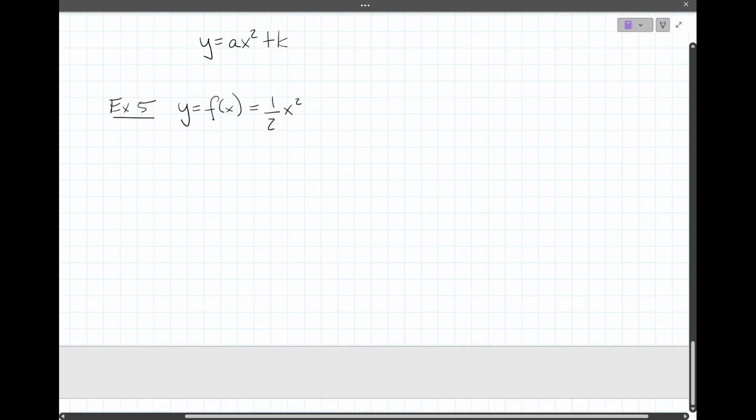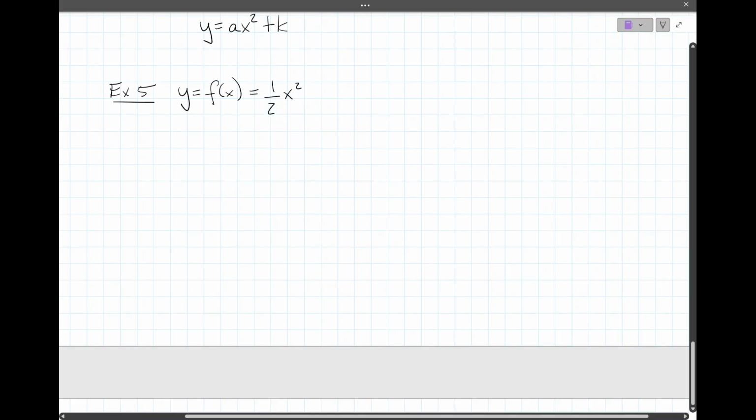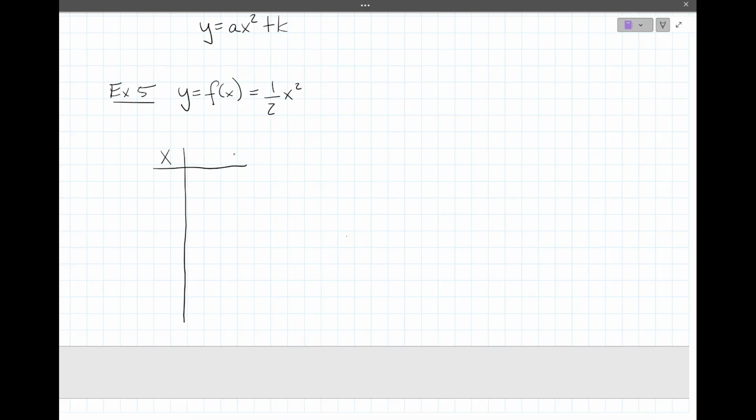Why that's chosen is because we'll get some nice even numbers out of that, right? So we want to get some nice even numbers to make things work. Let's start a table of values, x and y equals f of x. And this will be negative 4, negative 3, negative 2, negative 1, 0, 1, 2, 3, 4.